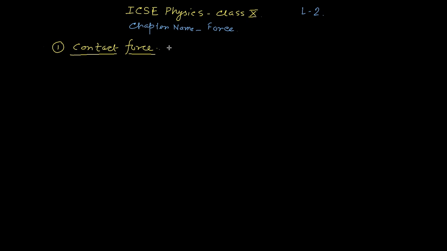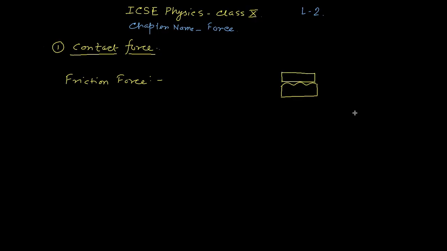Now, if we start with the contact force, first the frictional force. What is frictional force? It is very important for class 12 physics when two bodies are in contact. So this is the surface and a body is kept over here.